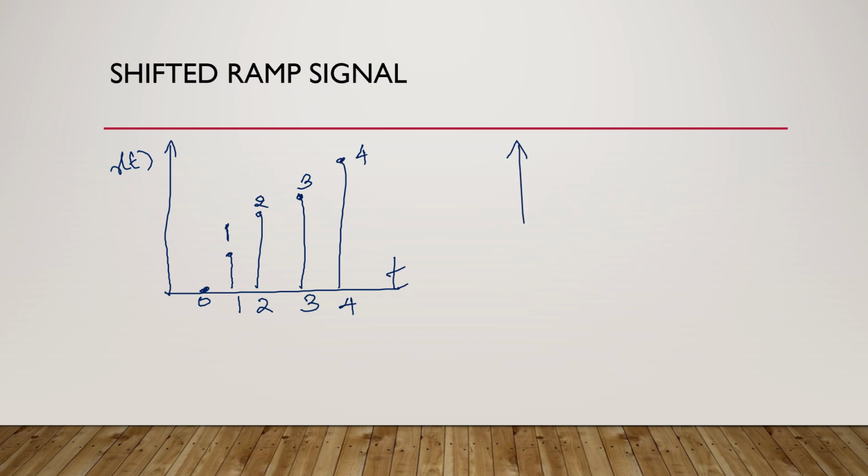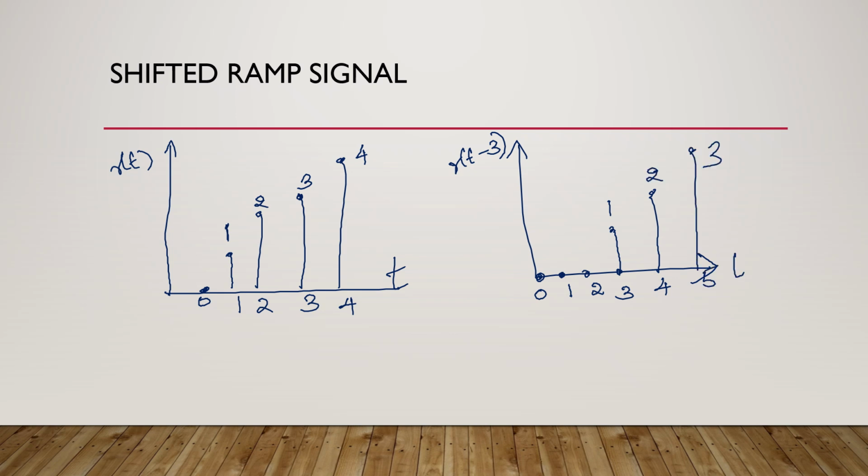Now, how can we draw the shifted version of the ramp signal, r of t minus 3? It will start from 3, delayed by 3. Then here it will become 1, here it is 2, and so on. This is the shifted ramp signal.